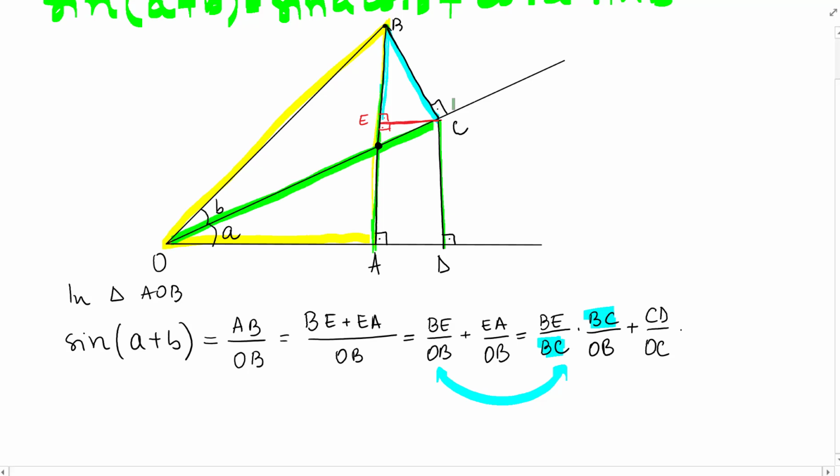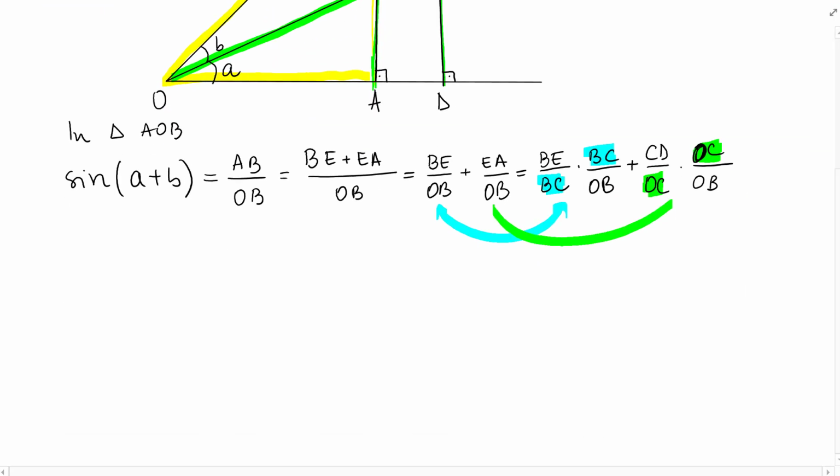Because I want to have now sides in triangle ODC, times OC over the original OB. So again, I hope you see how OC and OC from here can cancel out, and it's the same thing as it was originally, because CD is the same distance as EA.